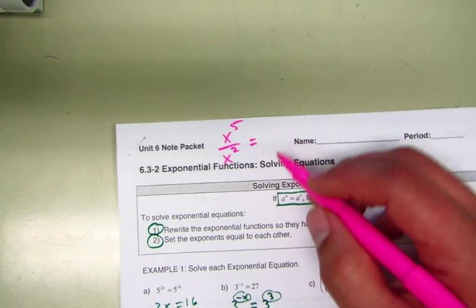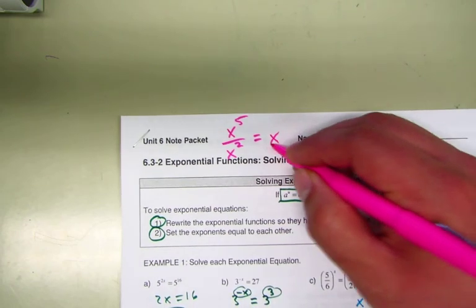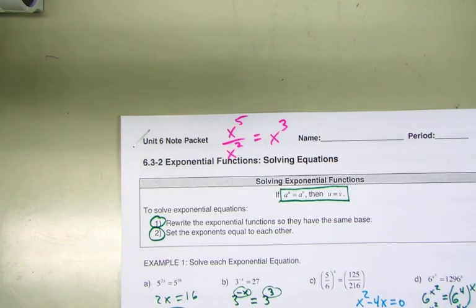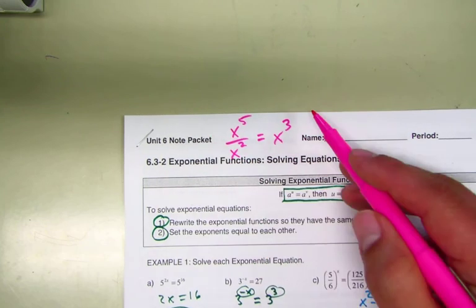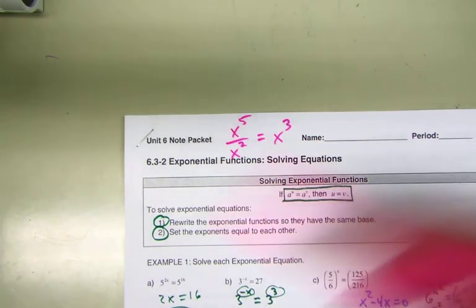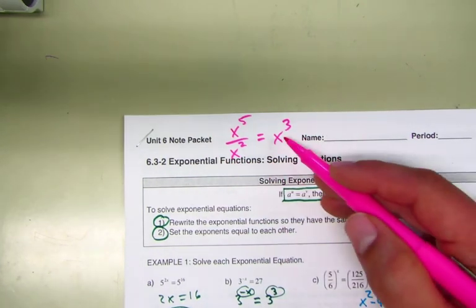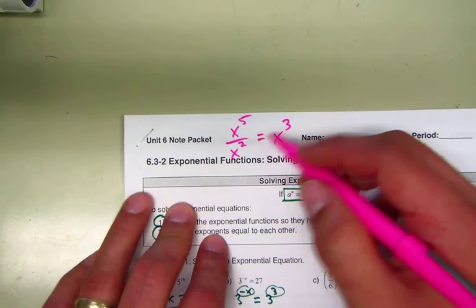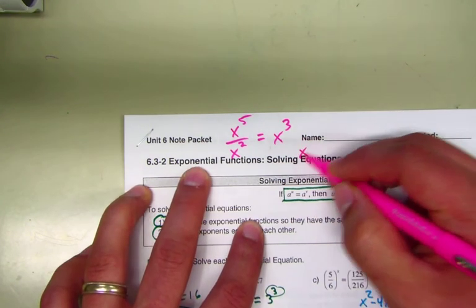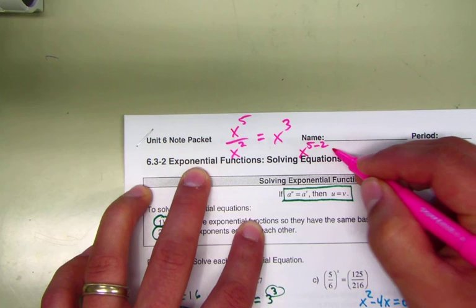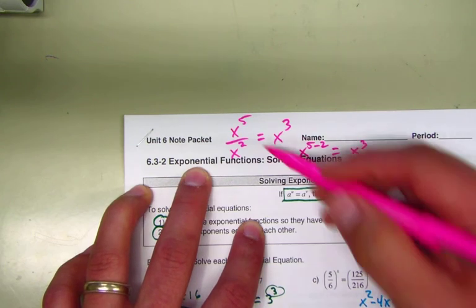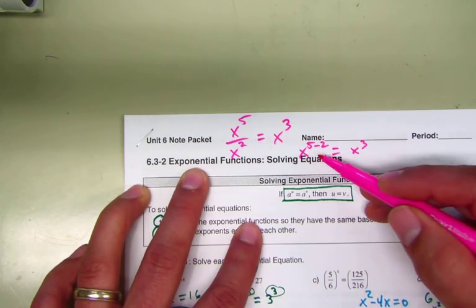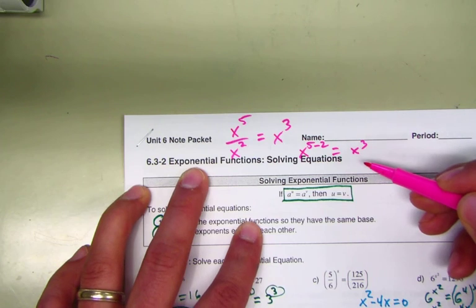What's that going to be? X to the third, for many reasons. You could write out x 5 times and an x twice, and you can cancel out, what's left, 3 of them, so it's x to the third. The other option is the property is just x to the 5 minus 2, okay? And so when you're doing that subtraction property, you would just leave the x on top and subtract your exponents.